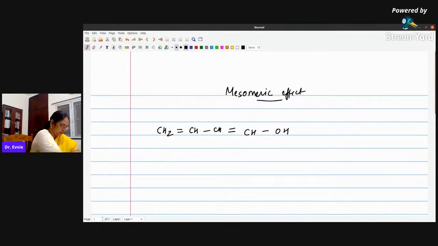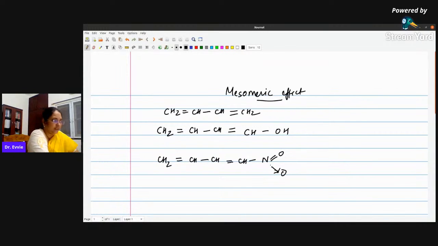Then something like this: CH2 double bond CH single bond CH double bond CH2. Then I have another compound, CH2 double bond CH CH double bond CH single bond NO2. So these are the three things.